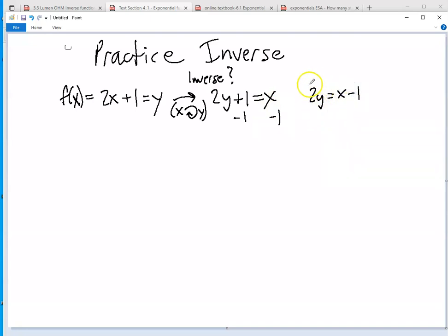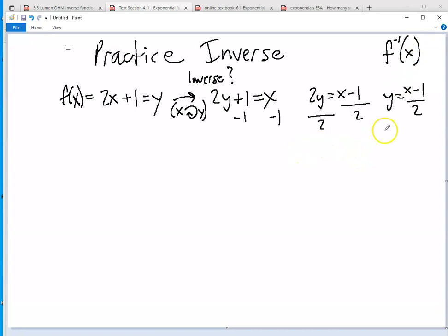Now I want to get y by itself, so I need to divide everything by 2. And 2y divided by 2 gives you y. Therefore, y equals x minus 1 over 2. This is the answer. This is our f inverse of x.